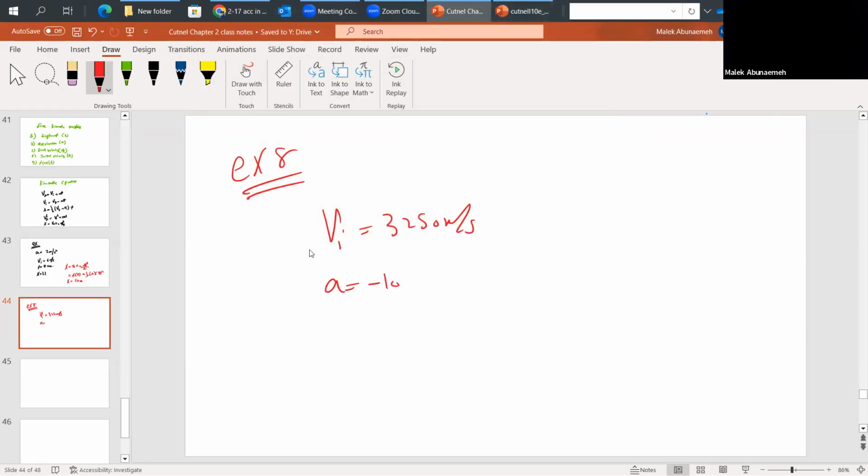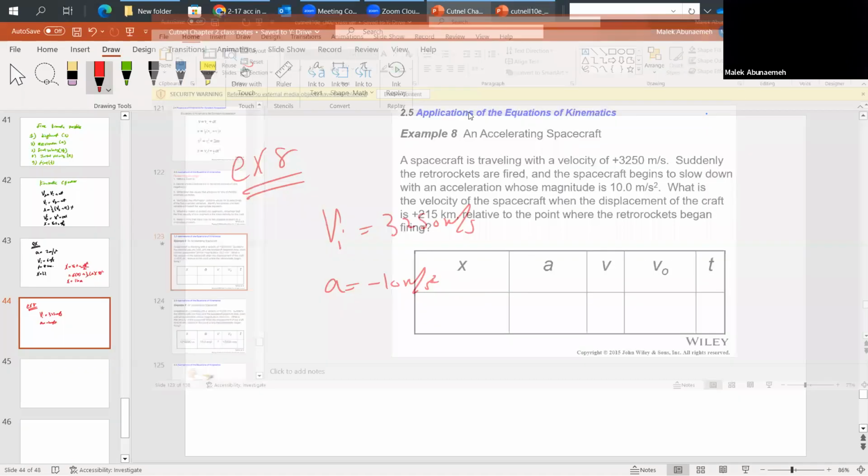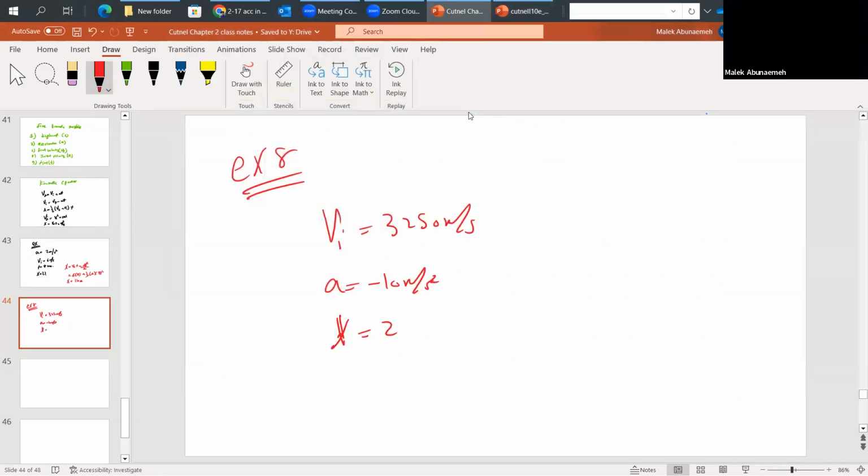So your acceleration is minus 10 meters per second squared. And your distance x is 215 kilometers. And we're looking for your final speed.